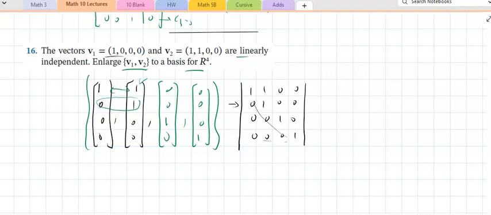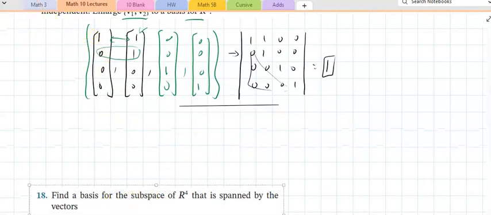This is a triangular matrix, so the determinant will be 1, and therefore those are linearly independent, right? So we conclude that you could enlarge it by simply adding those two, and pretty much you're done. If it's that simple, you really don't have to do a lot of work.